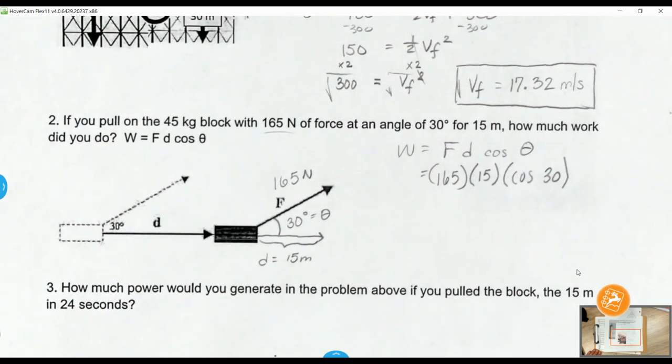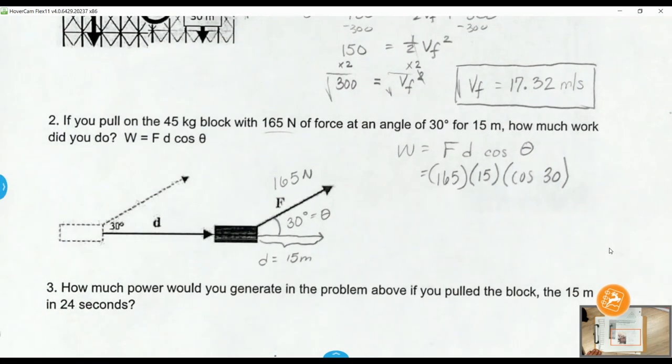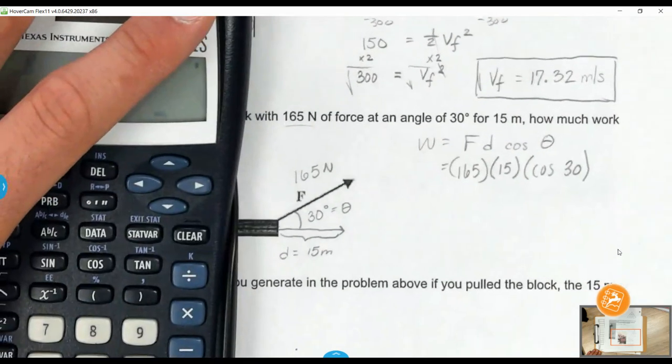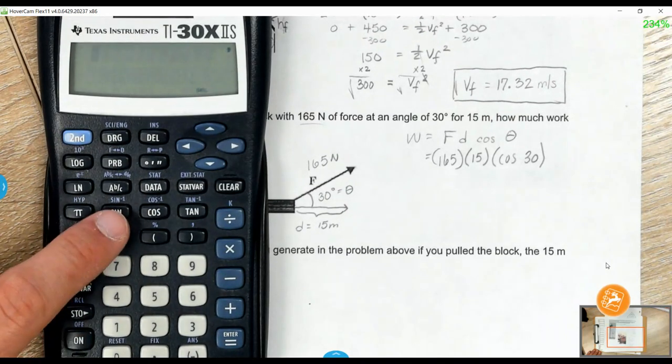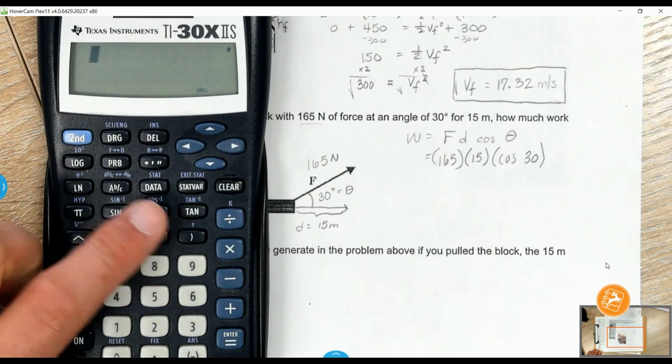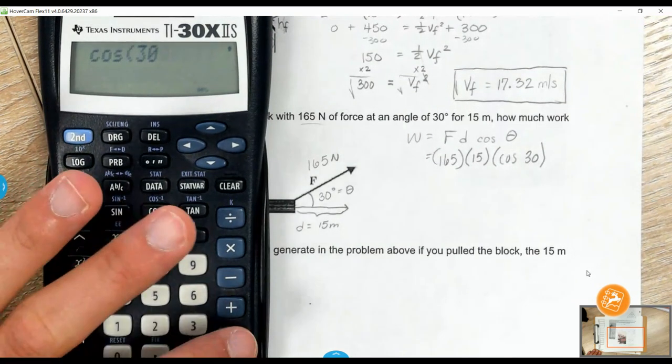So I'm going to show you guys how to do cosine on both calculators, whether you have the dark blue or not. I personally always go with the cosine part of it first. So very simple in the dark blue calculators. If you have these, sine, cosine, tangent, you just hit that. Cosine, and then whatever your angle is. Hit equals.